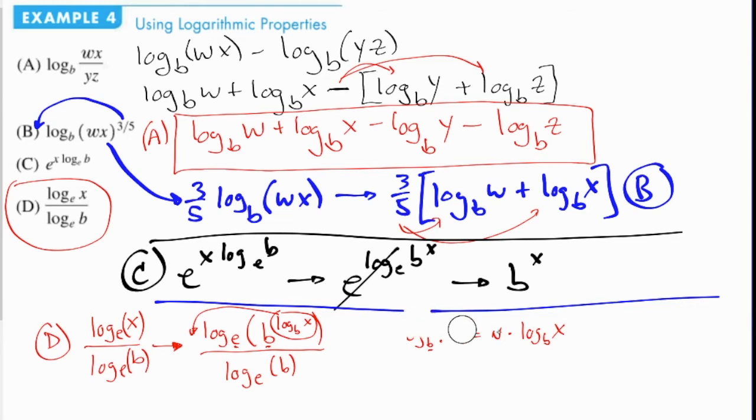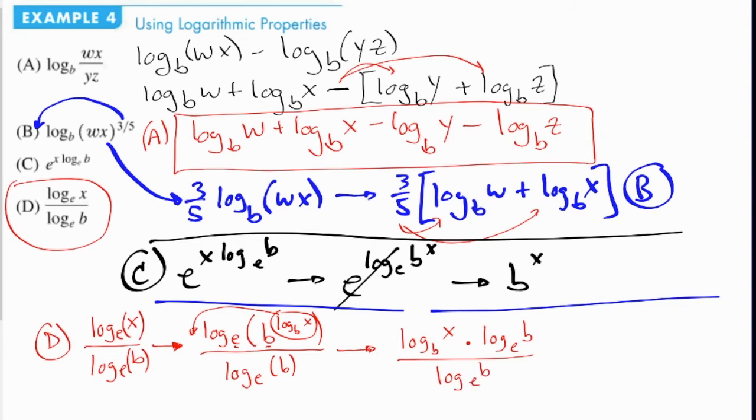So let's erase this, continue with our sophisticated algebra. So that exponent comes out in front. We have log base b of x times, and here we have log base e of b, all over the denominator, log base e of b.